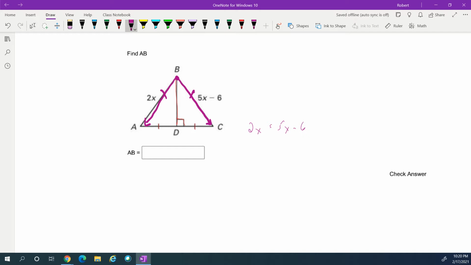And when we solve that, we can determine we have negative 3x equals negative 6, x equals 2. Since we were asked for AB, we're going to plug that back in, and we get a measurement of 4.